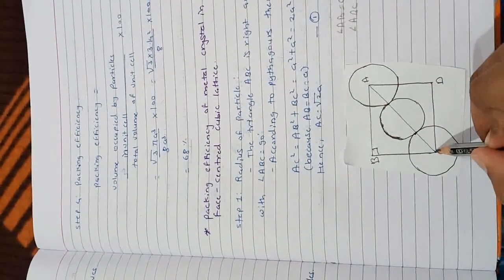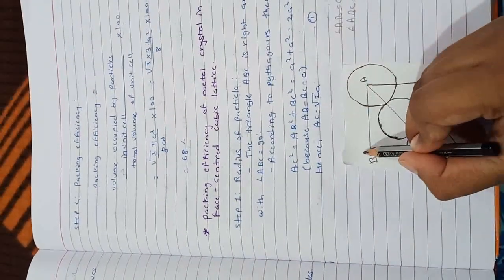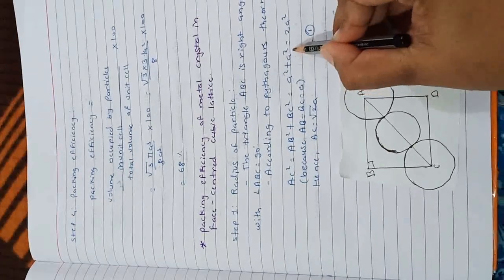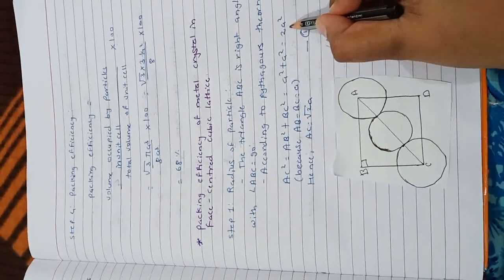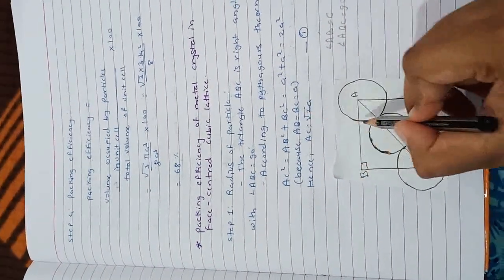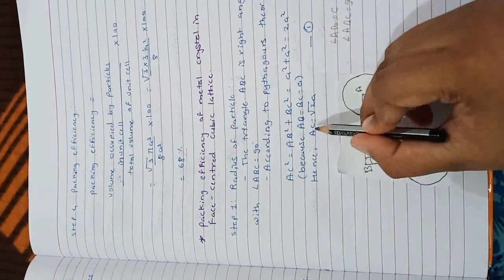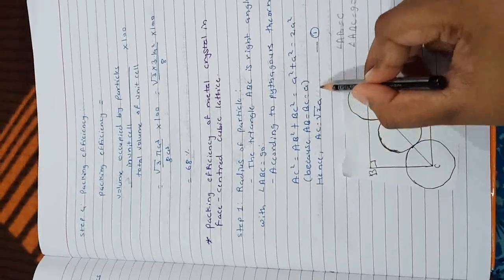According to the Pythagoras theorem, AC square equals AB square plus BC square equals a square plus a square equals 2a square, because AB and BC equal a.